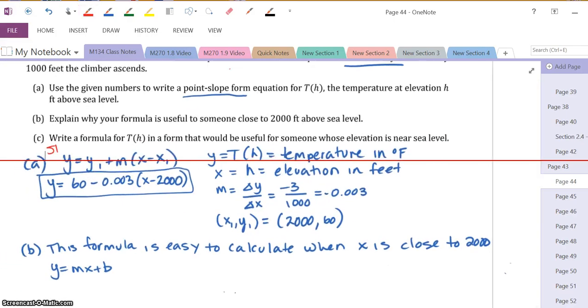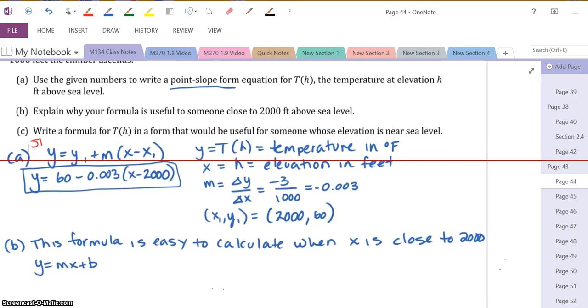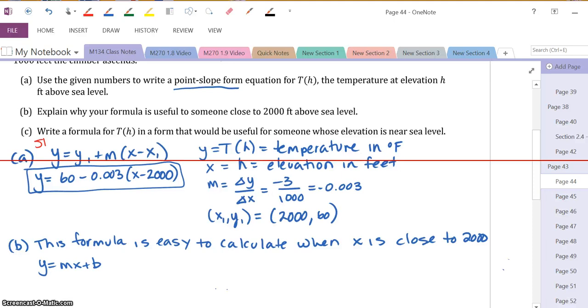So the answer I would write for B is this formula is easy to calculate when x is close to 2,000 feet. It says explain, so answers can vary.